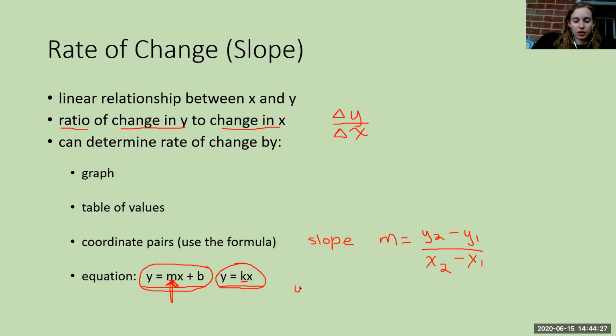So if I have an equation that looks like this, y equals 1.5x minus 2, well, I know that this 1.5 is the number that's being multiplied with my input variable. So this is going to be my slope. It's my rate of change. What this is telling me is every time my x increases by 1, my y is going to increase by 1.5.